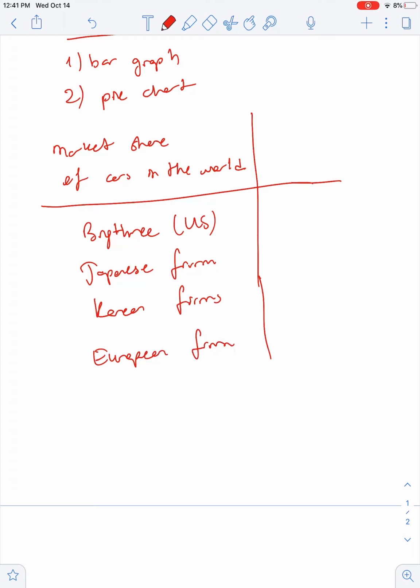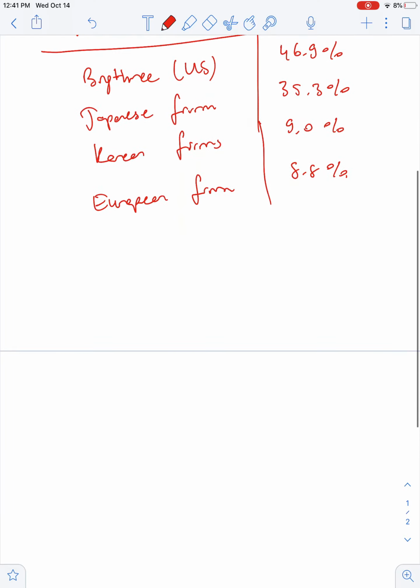The big three, these are the shares: 46.9% here, 35.3% here, 9% here, 8.8% here.